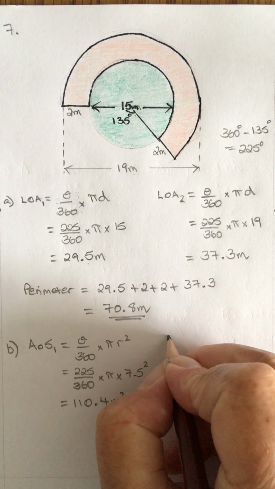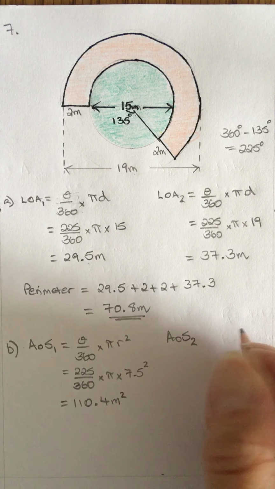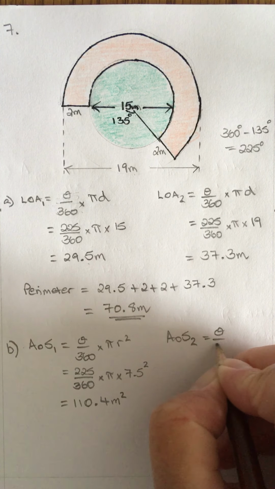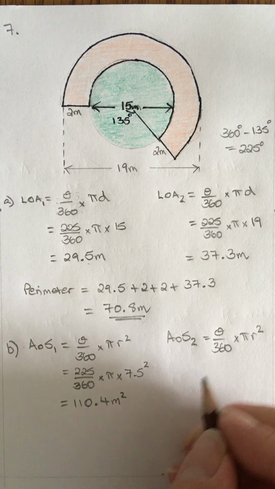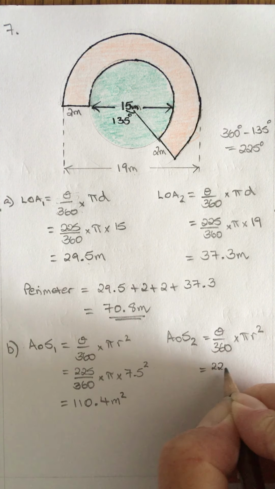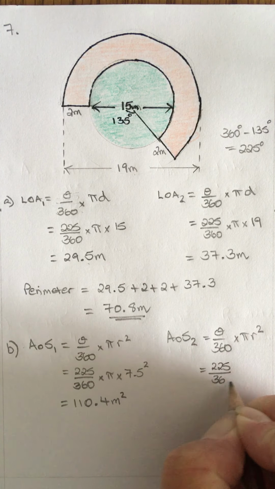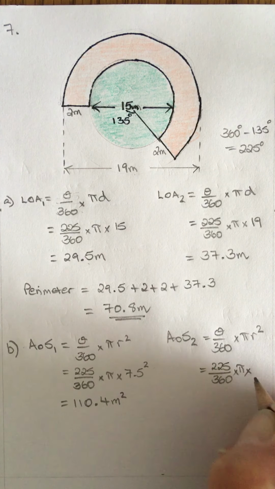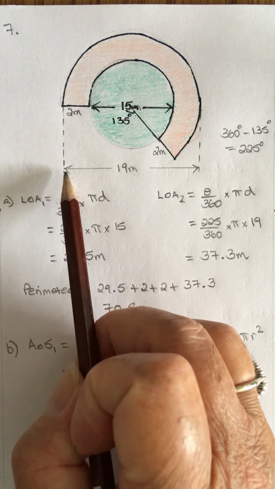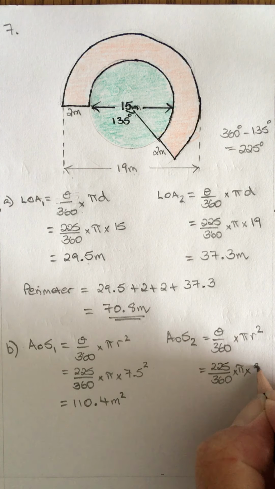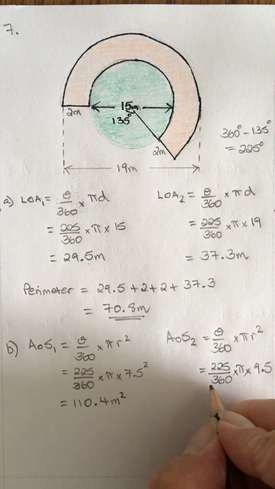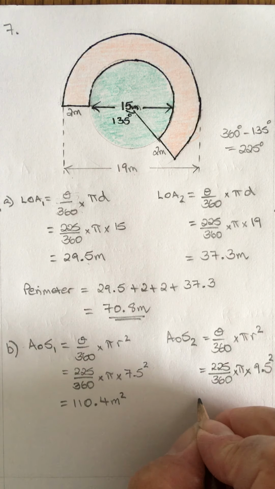It's basically this sector here, and we'll work out the area of all that, including the green bit. So area of sector 2, it's the same formula. This time it's 225 over 360 times pi. The big circle has a diameter of 19, half of 19 is 9.5, and that's got to be squared.